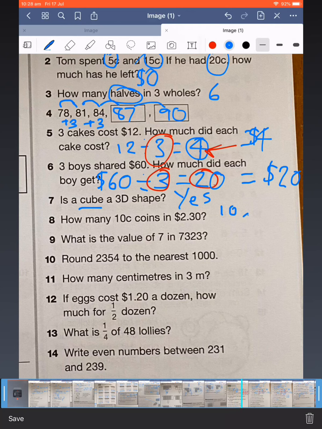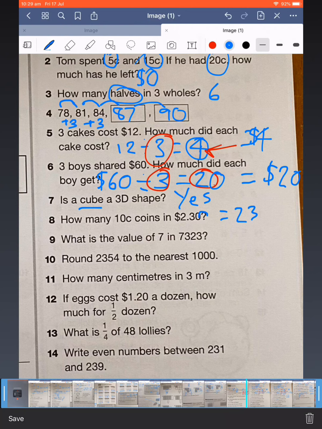That would make us $2, and then I've got 30 cents, which would be an extra 3. So our answer is 23, because we've got the 10, then the 10, then the 3. So 23 is our answer. Another way we could do that is just by moving the decimal point to that middle part. So then you have 23, but let's just leave that one.